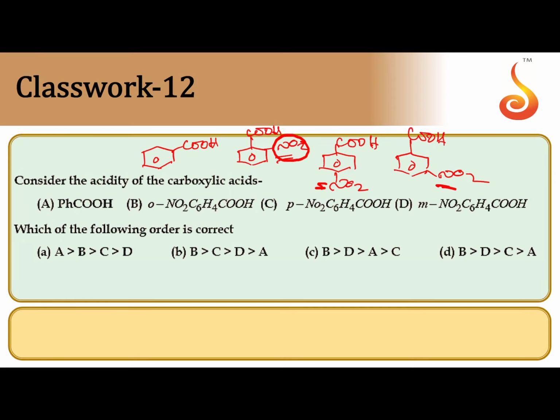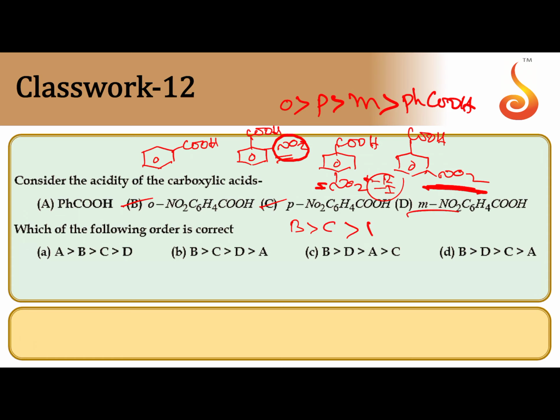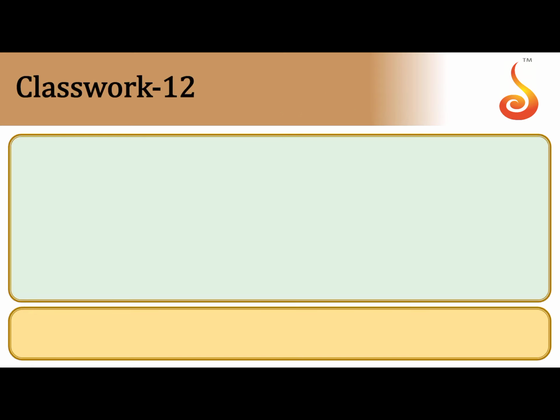Moreover, ortho effect: any group present at ortho position can increase the acidic strength of benzoic acid. So ortho is the strongest. After that, because of strong withdrawing nature by minus R effect and minus I effect, at para position it is acting as a strong electron withdrawing group when compared with meta. So after ortho, para, after that meta, after that benzoic acid. So ortho B is the strongest. Next to C, after that D, after that A. B, C, D, A. B is the correct answer.